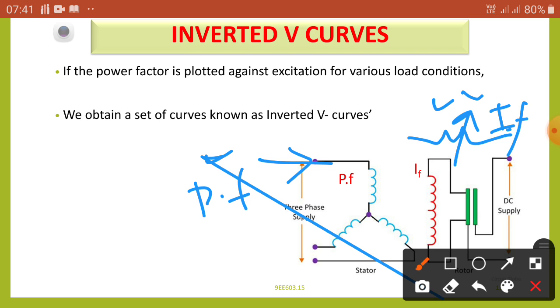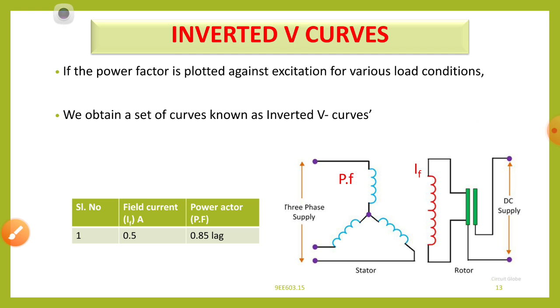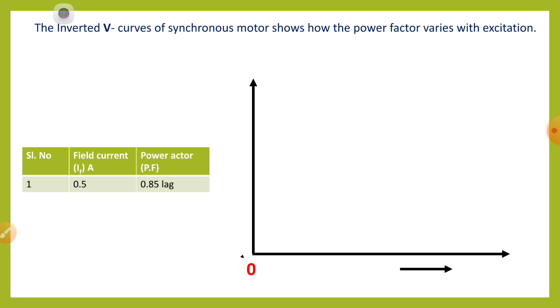Correspondingly, we note the field current and the power factor. We take 10 readings in tabular form, then draw the curve. Here the x axis is the same field current, and the y axis is now taken as power factor PF.